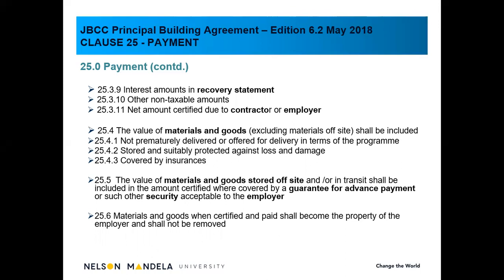But be careful. Clause 25.4.1 states not prematurely delivered or offered for delivery in terms of the program. In other words, it must be ordered already, and it is not almost a statement that I'm going to deliver it on site. I'm in the process. We're not going to accept that.